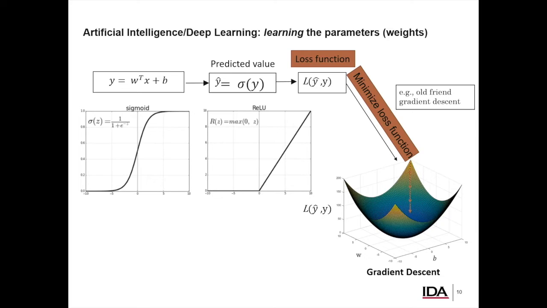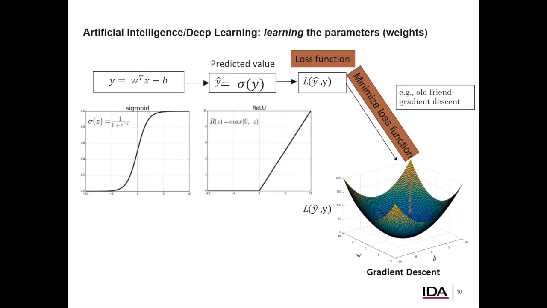Just like any statistical modeling, you minimize the chi-square or maximize the likelihood, and your old friend gradient descent comes to the rescue. That's essentially what it is, and you basically guess a million times, a billion times what your parameter is, trying to learn the best value that minimizes the chi-square and so on.